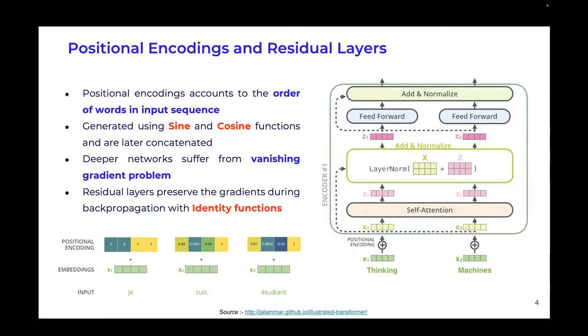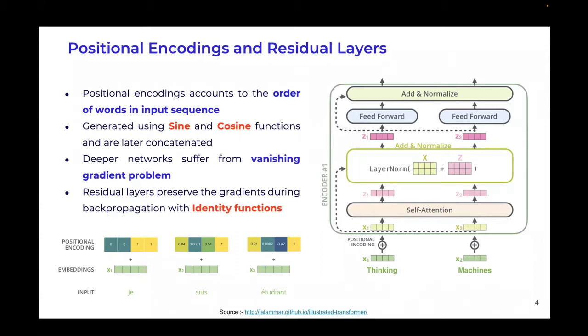So these are considered as pretty much deeper neural networks. So as and when the network depth increases, there would be a problem of vanishing gradient during back propagation. So in order to preserve the gradients, we usually add these addition and normalization layers. This was actually introduced in the ResNet architecture of computer vision initially.